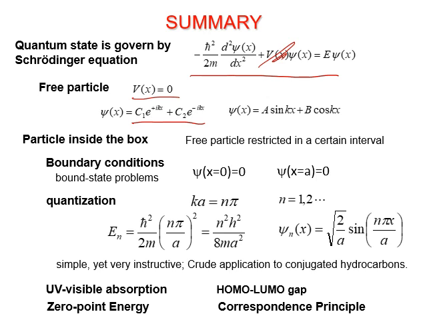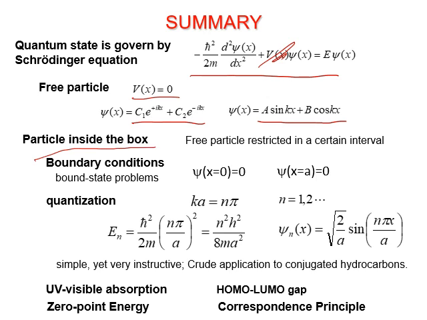Using Euler's equation, the solution becomes A sine kx plus B cosine kx. In chemistry, we have systems where the electrons can be considered free particles, and that is a conjugated system. But electrons cannot get out of the molecule, so it is considered a particle in a box.